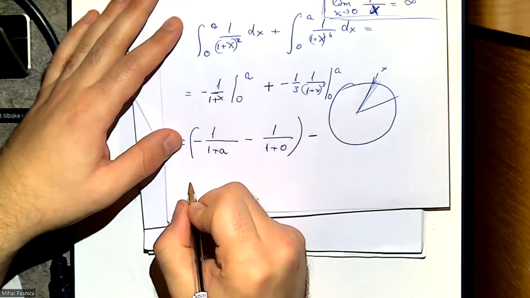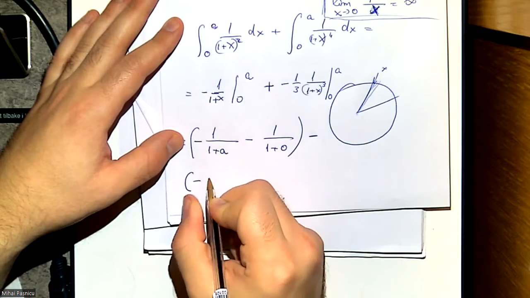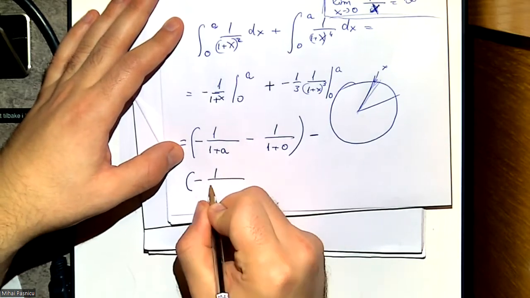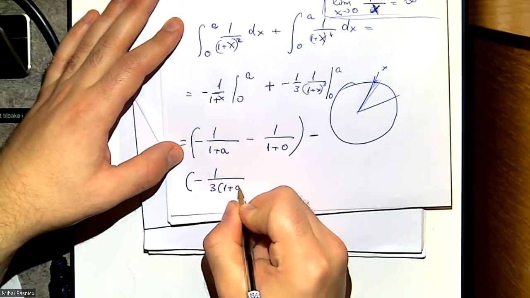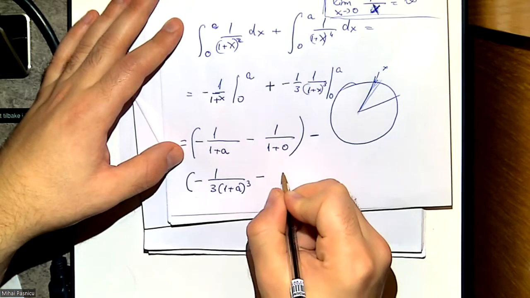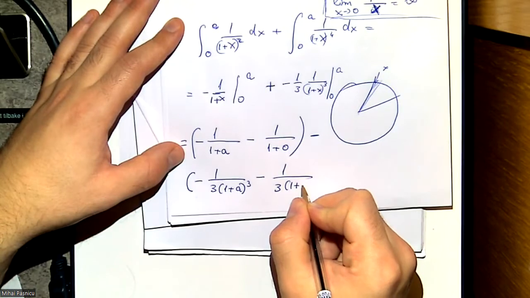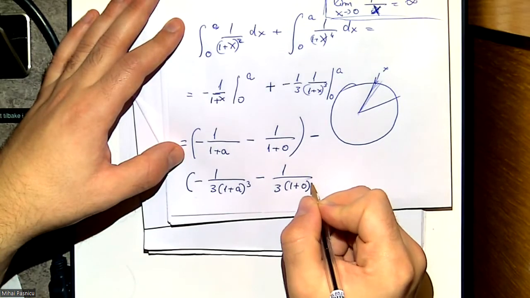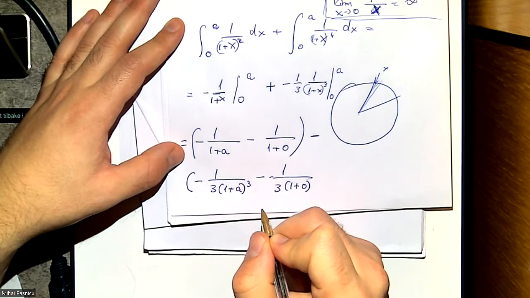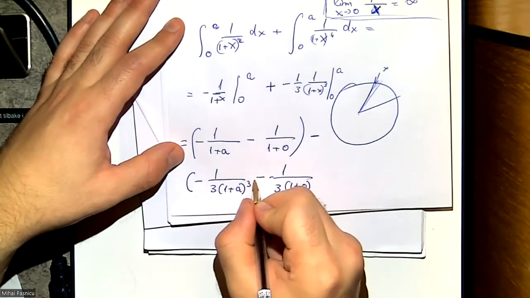The second one is minus 1/3 times 1 over (1+a) to the third, minus minus 1/3 times 1 over (1+0) to the third. Gets complicated.